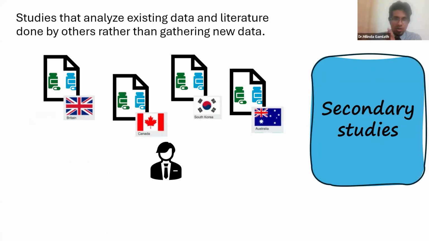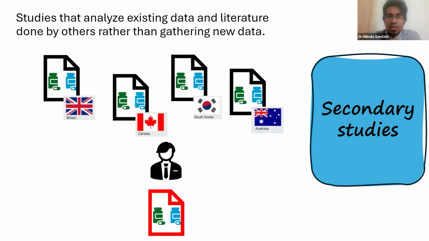Another research in Australia, another research in Canada, wherever. So you have these different researches done in different places. And you don't do a new research, you don't go out and do these drugs. You take those already done researches and you consolidate them, or you make a summary of those researches. You combine all of them to make a single conclusion.